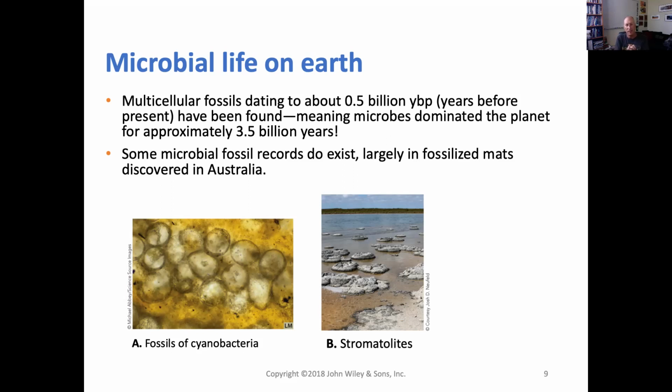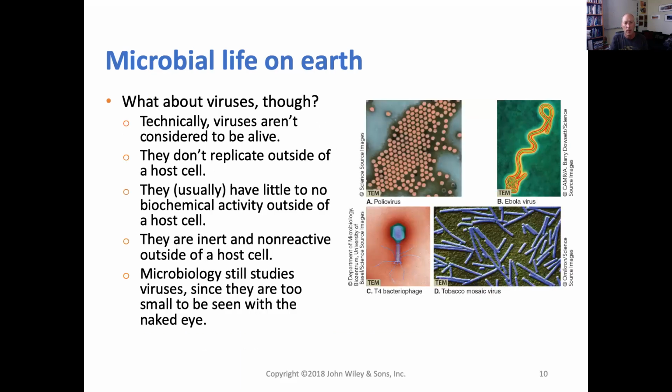And we found things that look like these fossilized mats of microbial life that are about 3.5 billion years old. There are very few places on Earth that actually have sediments that are that old because the Earth is dynamic, it's constantly recycling. But there you go.